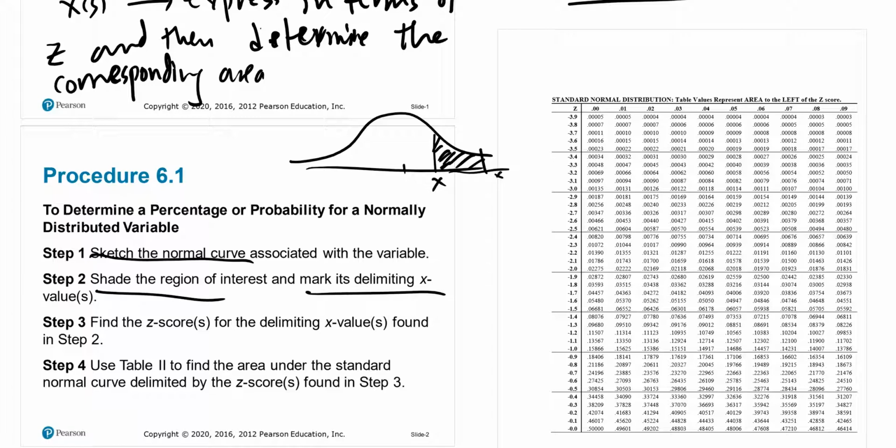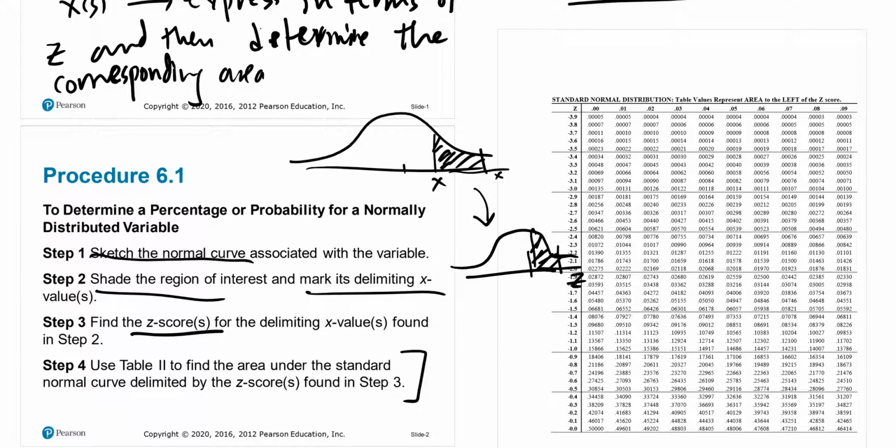Then we convert into z scores, label them, shade, and find the z score using the table that I showed. It's the same one that we showed in the previous section.